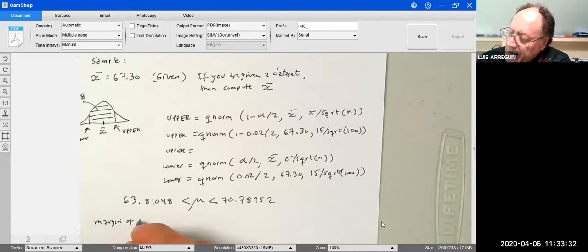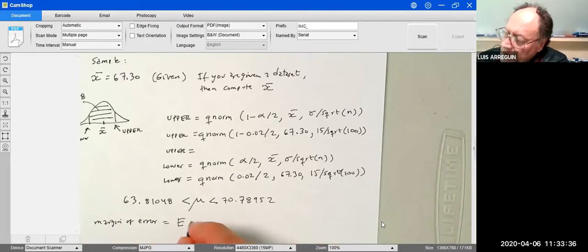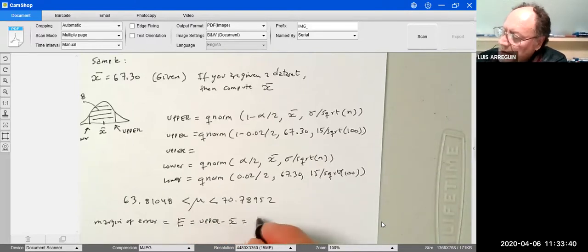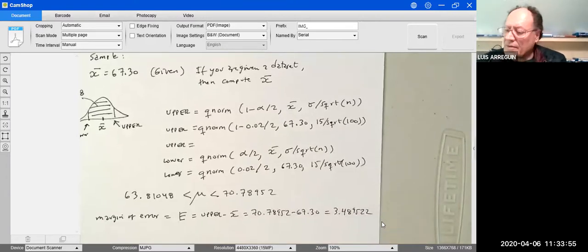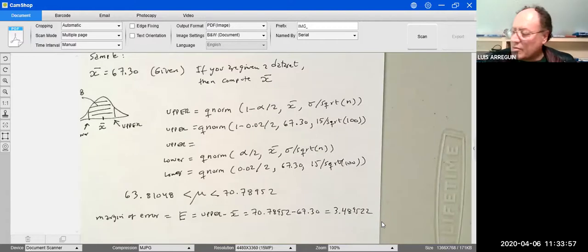Margin of error is just going to be capital E. It's going to be my upper limit minus x bar. So it's going to be 70.789052 minus 67.30. So the margin of error in this case is going to be 3.489052.